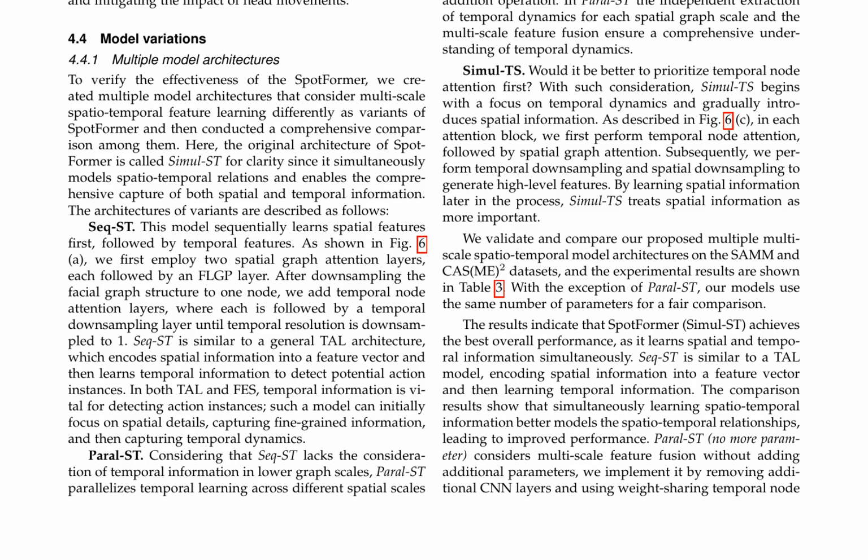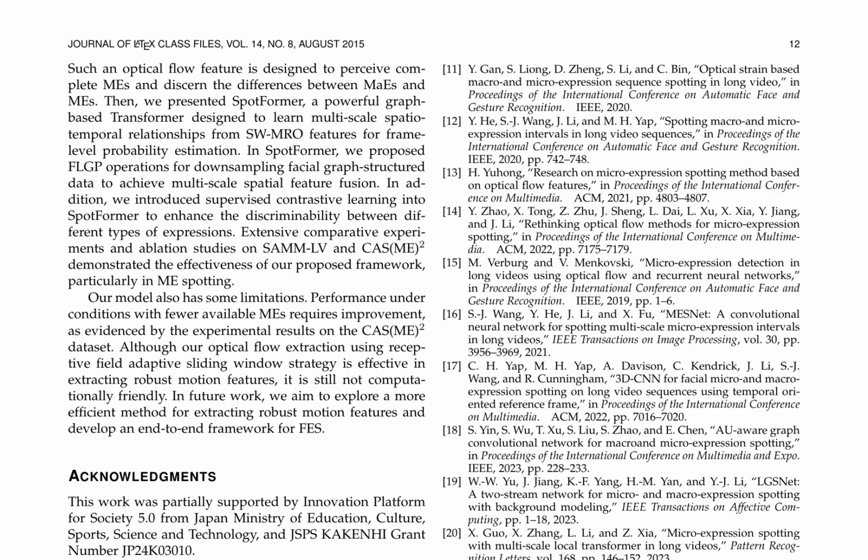The authors also introduce SpotFormer, a graph-based transformer that learns multi-scale spatio-temporal relationships from SW-MRO features for frame-level probability estimation. In SpotFormer, they propose FLGP operations for downsampling facial graph structured data to achieve multi-scale spatial feature fusion. Additionally, supervised contrastive learning is integrated into SpotFormer to enhance the discriminability between different types of expressions.